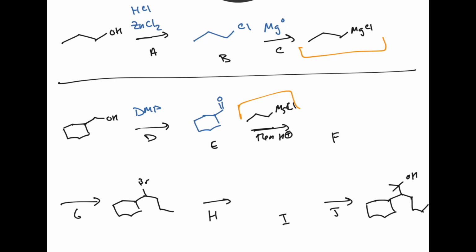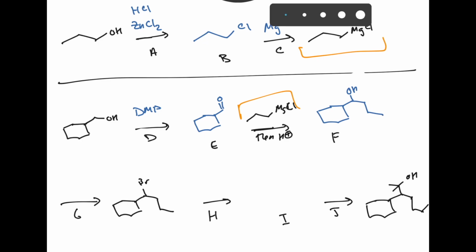You got to make it secondary, right? An aldehyde has one carbon on it already. You add the organometallic, you add a second carbon to that carbon. So I make a secondary alcohol. Right, so here's my alcohol. You can see this carbon right here is this carbon right there.